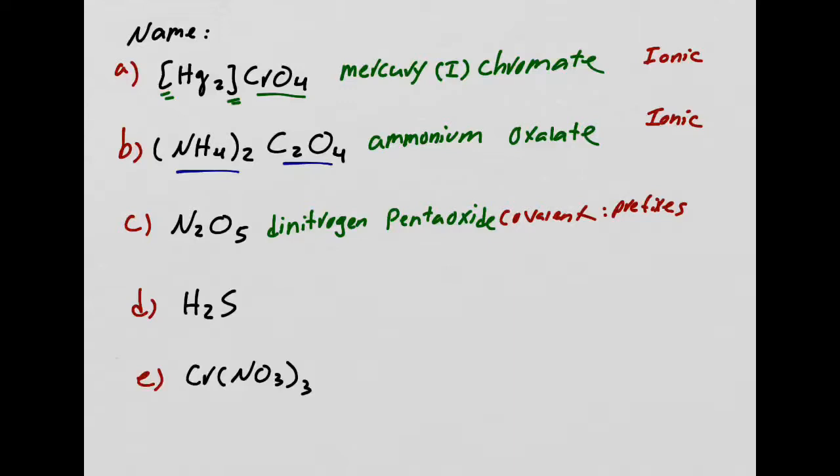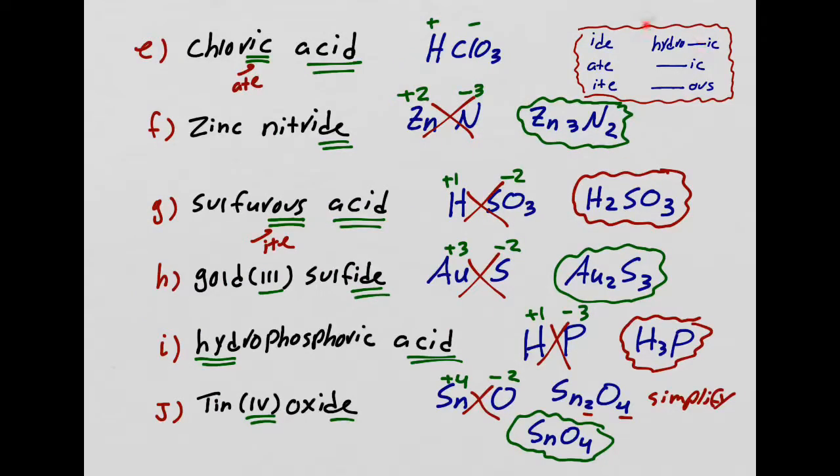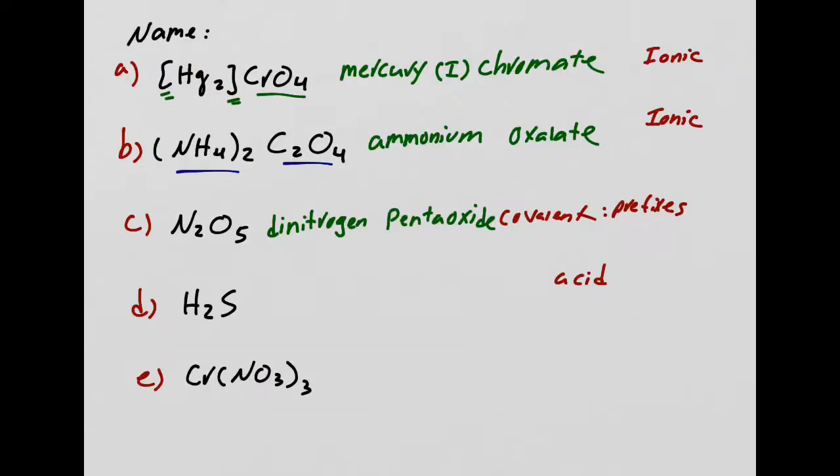Okay, H2S. What is this one? Before you name it, hopefully you go, oh, this is an acid. So you know the rules for the acid. These are the rules for the acid. So you go H2S. I have to see what is S. S is sulfur, but when you have an anion of that, it would be sulfide, right? Simple ions from the periodic table. When you have an anion, they just change the ending to ide, right?